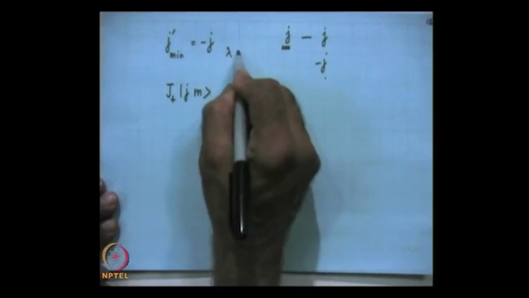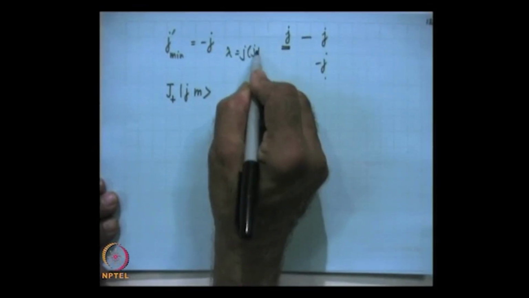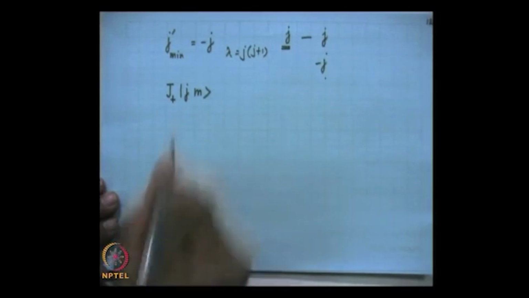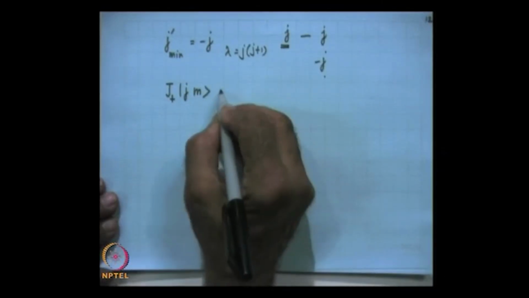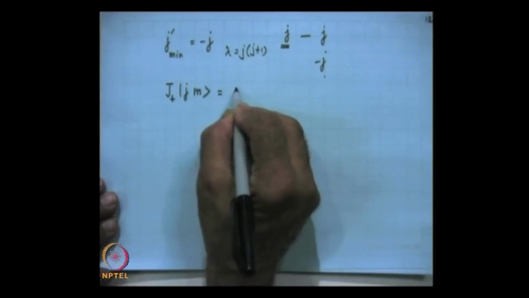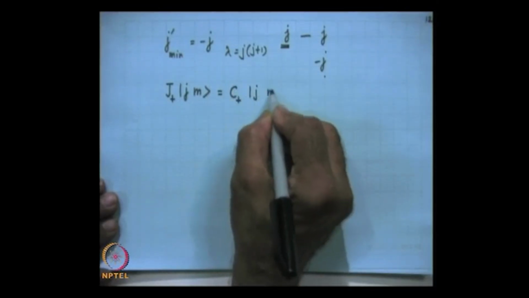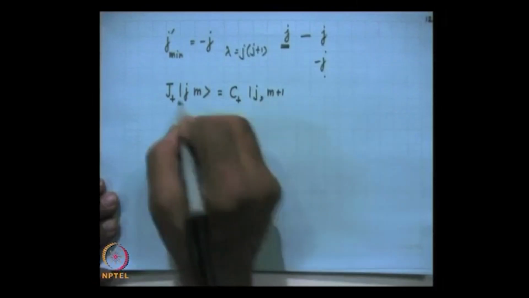Lambda is equal to j into j plus 1. But the m value is raised. So, let me write this down as this must be a multiple of ket j, m plus 1.